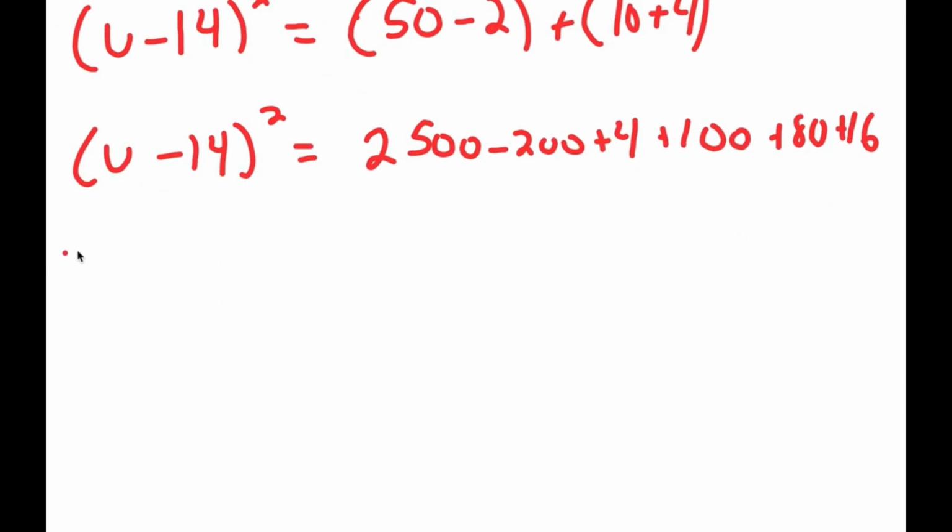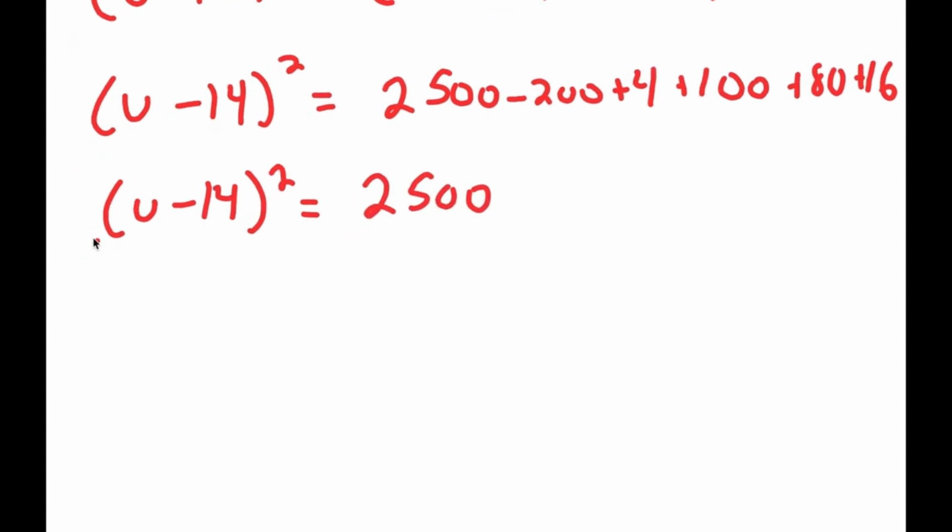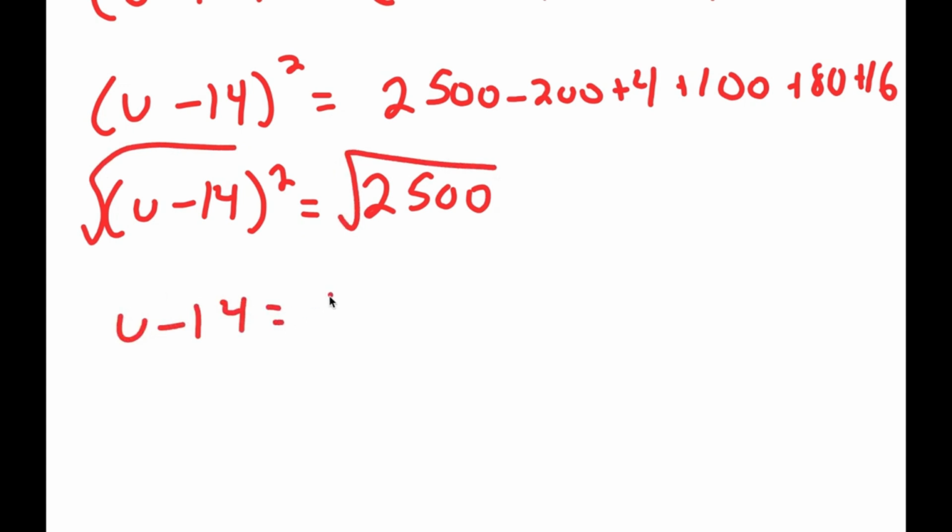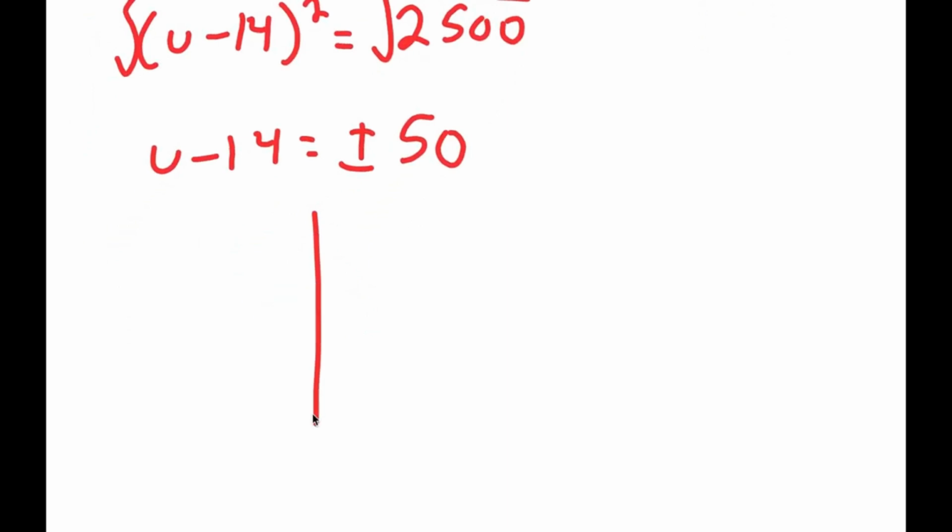And now if we add these up, we get u minus 14 squared is equal to 2500. And if we take the square root on both sides, we get u minus 14 is equal to positive or negative 50. So we get two equations. Now we get u minus 14 is equal to positive 50, and u minus 14 is equal to negative 50.